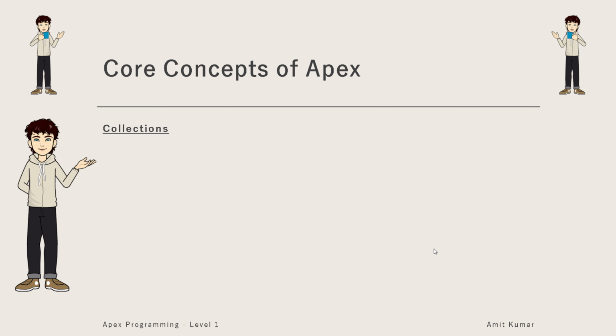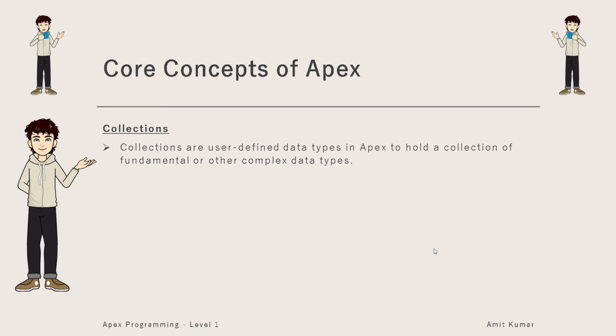Collections. Collections are user defined data types in Apex, and later down the line we are going to discuss collections in much more detail. But collections are user defined data types in Apex to hold a collection of fundamental or other complex data types. Apex supports three collections, which are list, set, and map. To understand this, we have already seen the integer data type a few slides before.